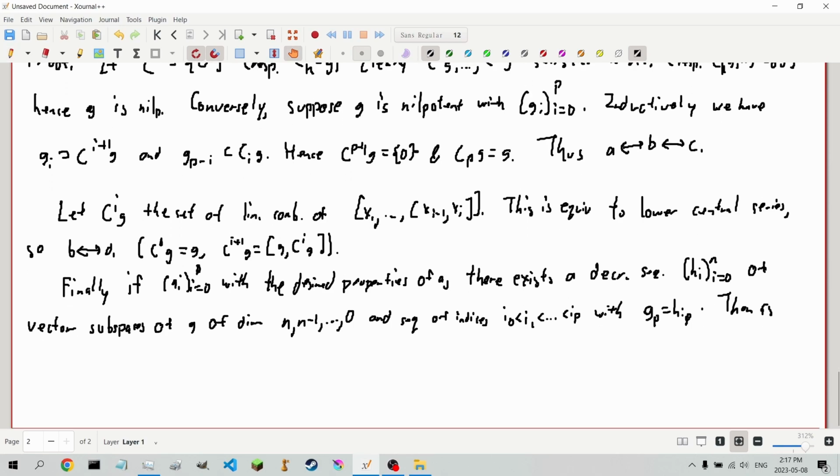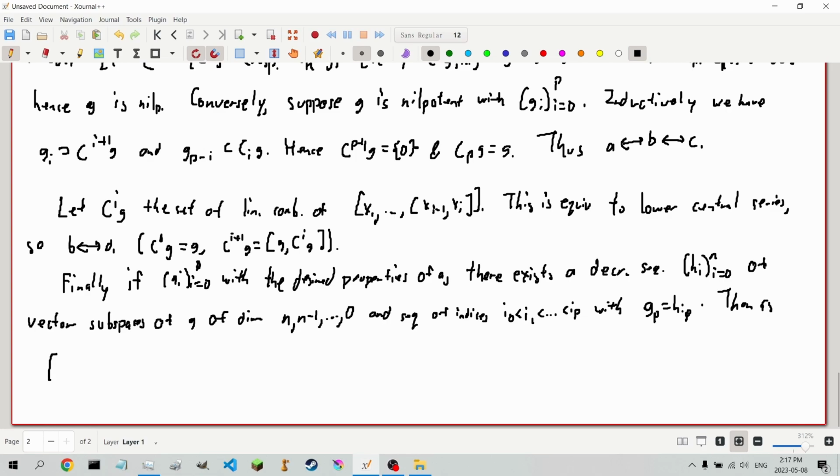Then the bracket of G with H_(i_k) is in H_(i_k + 1). The H_i are ideals.